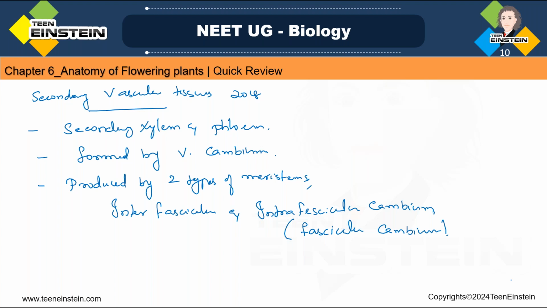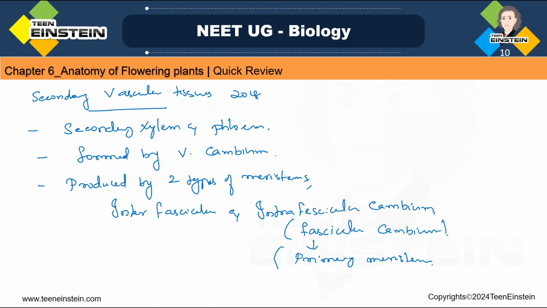This intrafascicular cambium is the primary meristem, in the form of strips in vascular bundles, and that will divide to form the secondary xylem towards the inner side.